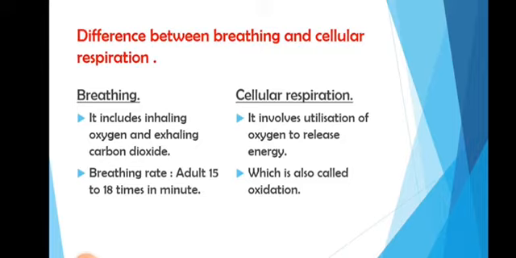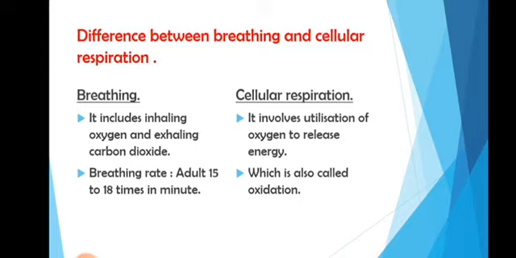Now let us understand the breathing and cellular respiration differences. So breathing, as I said, is only inhaling and exhaling. We are inhaling oxygen and exhaling carbon dioxide. Whereas cellular respiration actually involves the using of oxygen, which is inhaled during breathing, to produce energy. The normal breathing rate in an adult is 15 to 18 times in a minute.